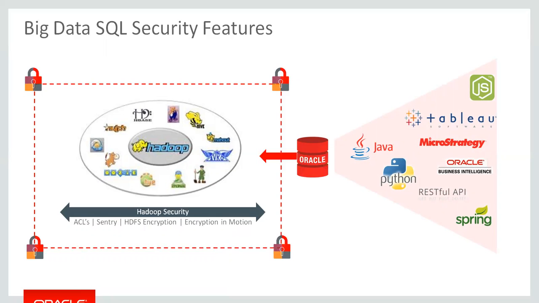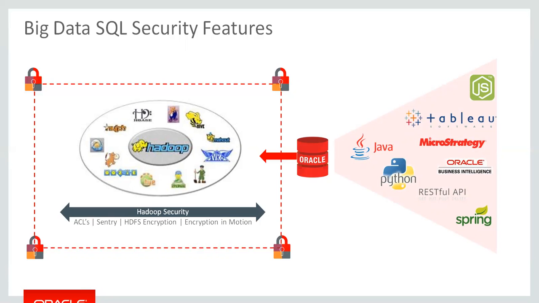And you could have all Hadoop security features such as Kerberos, Sentry, HDFS encryption, data at rest encryption. You could use all those features, and the key point is that it doesn't impact your application because you're working through the Oracle database.